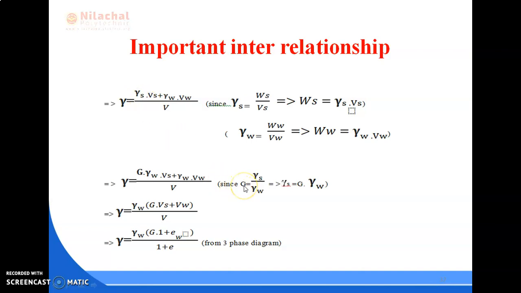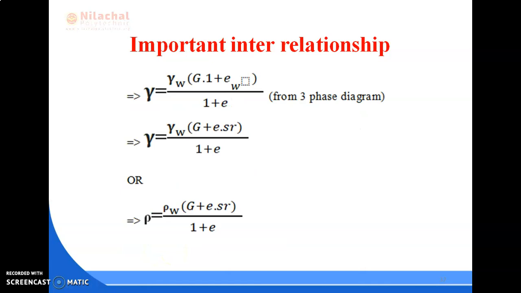We know specific gravity of solid G equal to gamma S by gamma W, or gamma S equal to G into gamma W. Put it here: G into gamma W into Vs plus gamma W into Vw by V. Here we take gamma W common, so within bracket G into Vs plus Vw, by V. In place of Vs we can write 1, in place of Vw we can write Ew from the three-phase diagram, divided by V. In place of V also we change it to 1 plus E from the three-phase diagram.